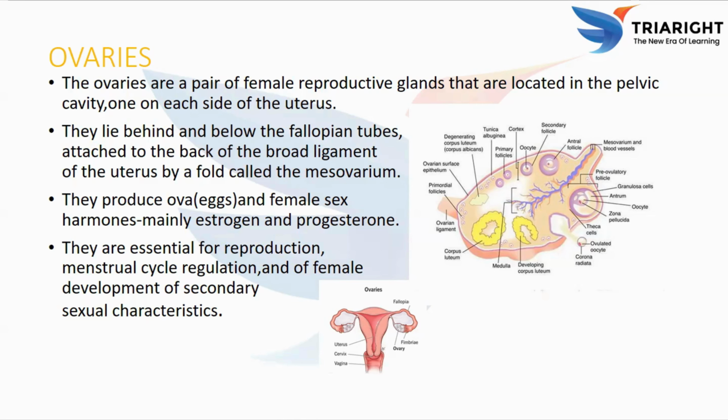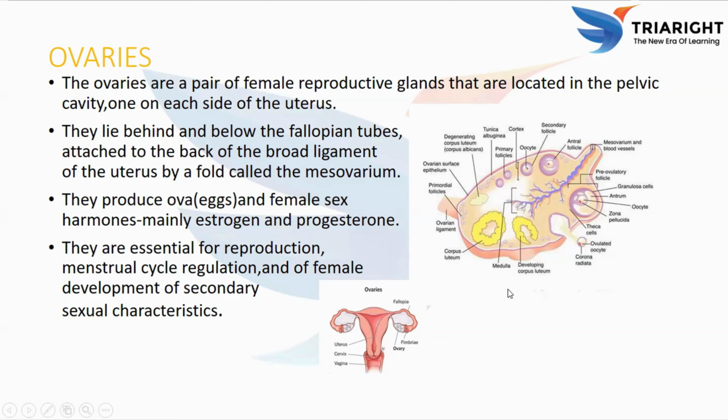These follicles contain the oocytes, also called immature eggs. After ovulation, the ruptured follicle becomes the corpus luteum, which secretes hormones. So this is about the cortex, the outer layer.